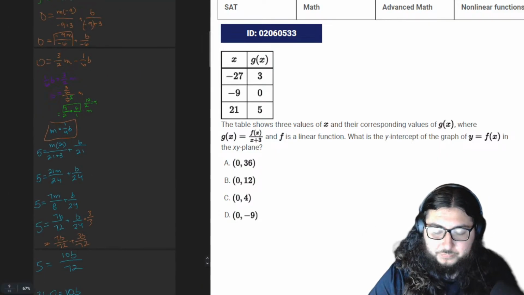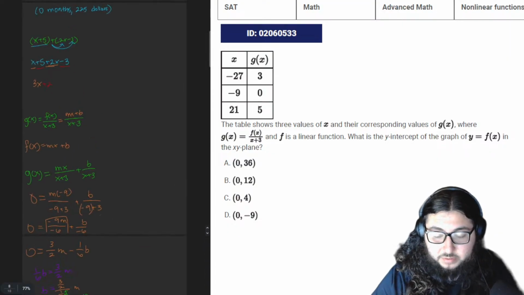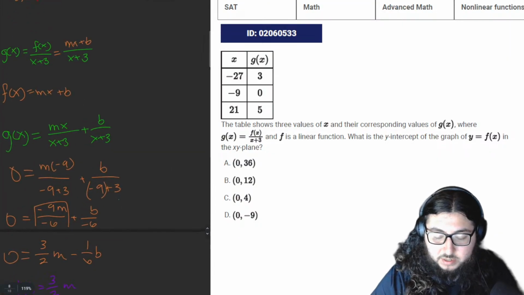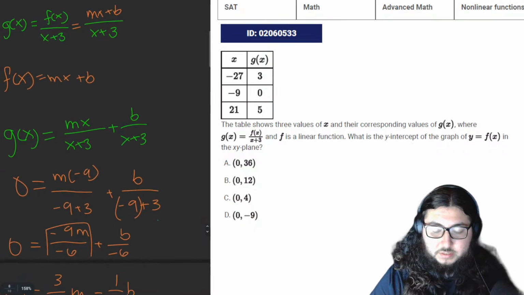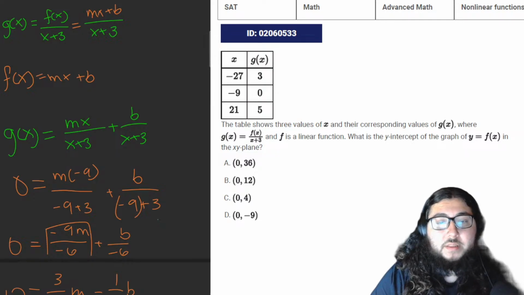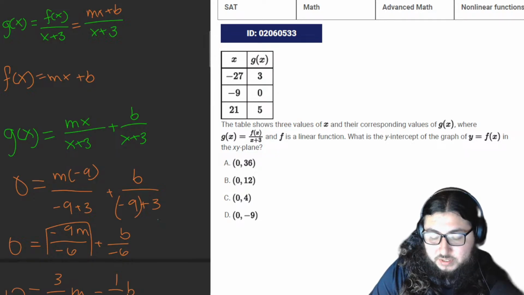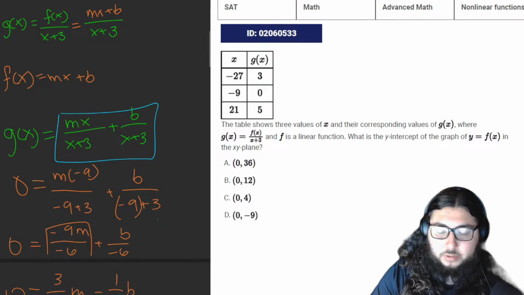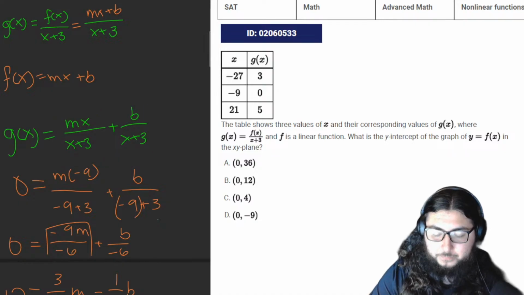So to recap, this one's a really tough one. You had to set it up in the form g of x is equal to f of x over x plus 3. Recognize that f of x is a linear function, so we do the form mx plus b and divide that by x plus 3. I chose to write it out like this separately because that's easier to work with, in my opinion.